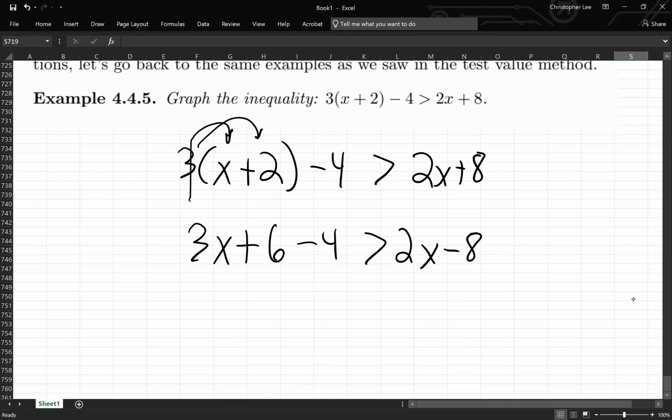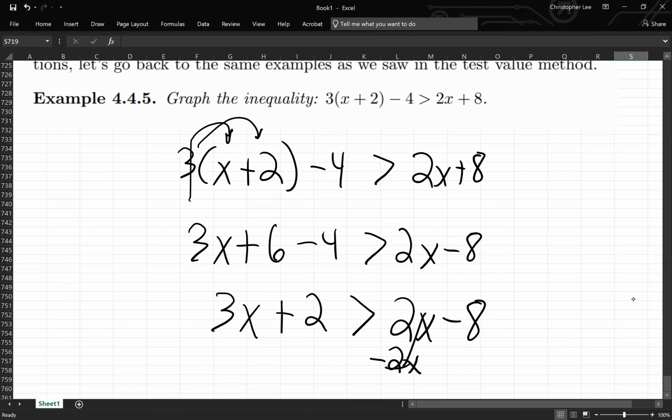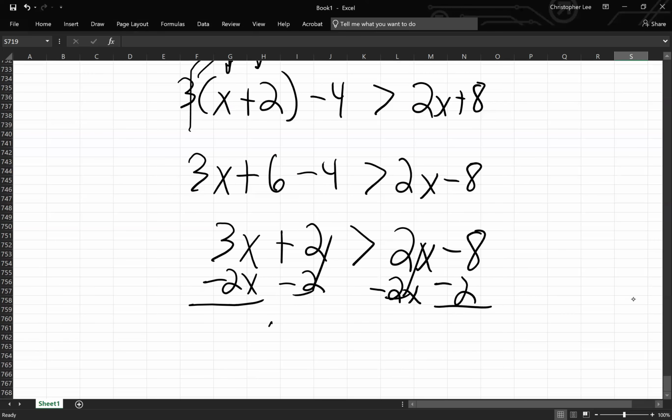Yeah. So then we have 3x plus 2 is greater than 2x plus 8. After that, subtract 2x from here, right? And then we're going to subtract 2 from here. So now what do I have? I have x.